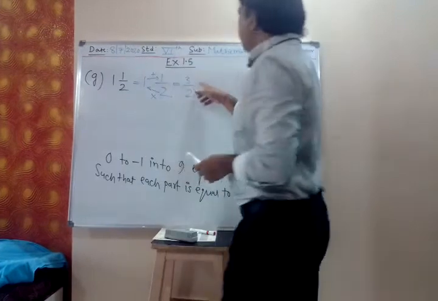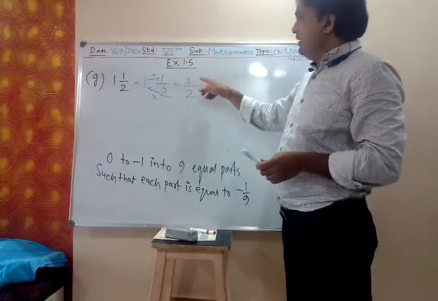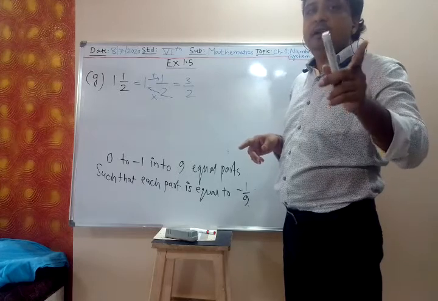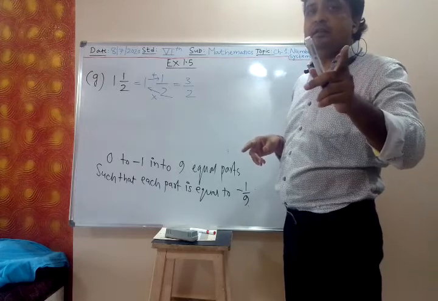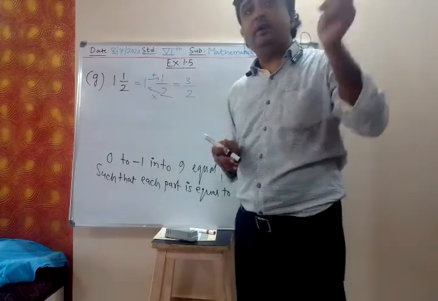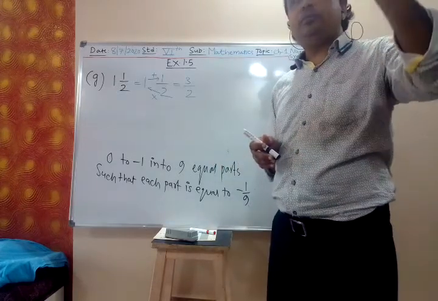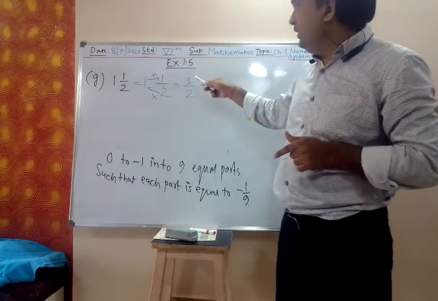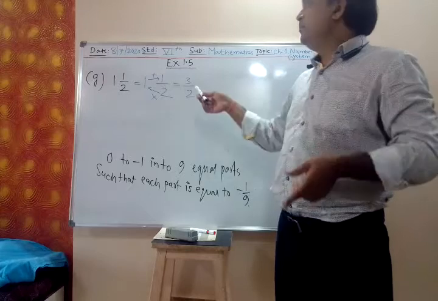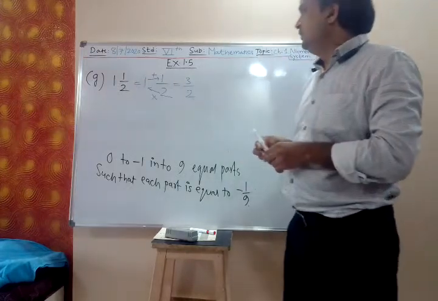Now the numerator is bigger. In the previous problems A, B, C, D, E, F, the denominator was bigger, so that was a proper fraction. But now in this, the numerator is bigger, so this is an improper fraction or mixed fraction.